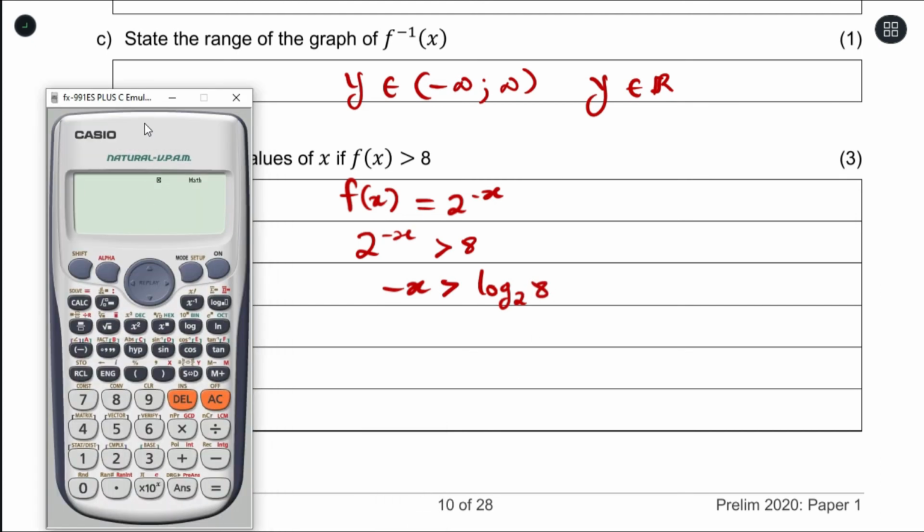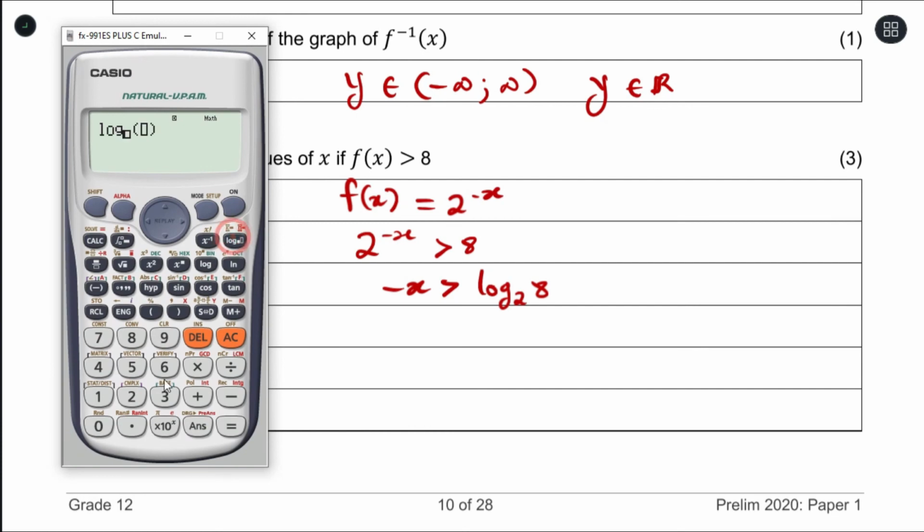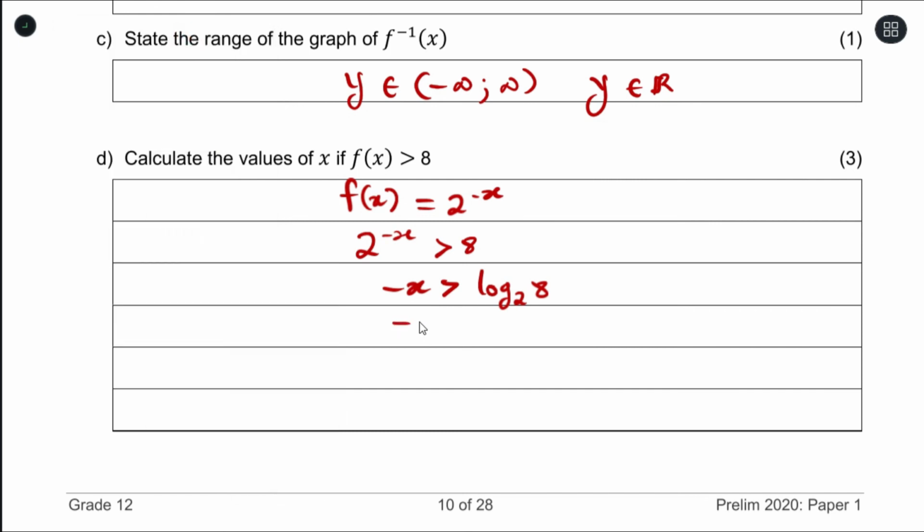Substituting this in our calculator, the log base 2 of 8 gives you 3. So we know that negative x is greater than 3. But since we want x, because that's what the question asks, the values of x, not negative x, we can say x is less than negative 3. That would be your answer.